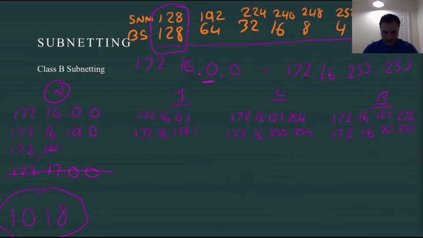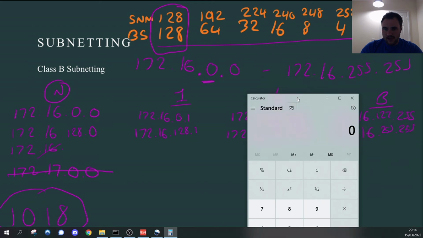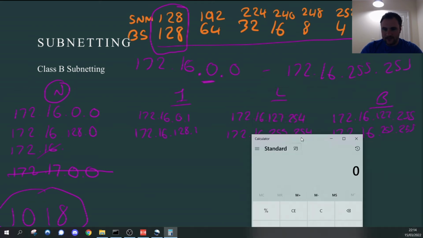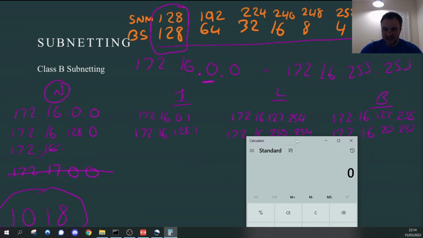Okay, so I'm going to quickly show you how I work out the IP address scheming and our values. So if I go 256 times by 256, that is 65,536. That's how many IP addresses we get within this Class B IP address space.